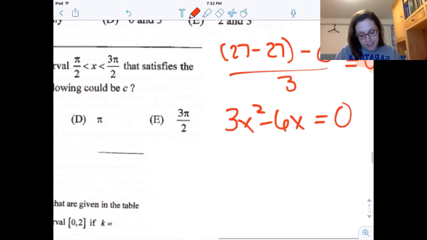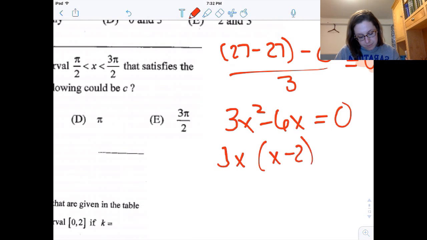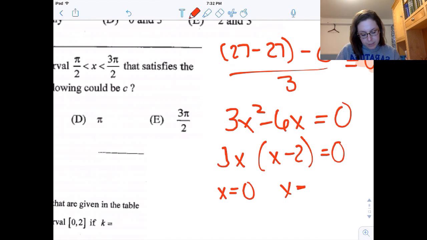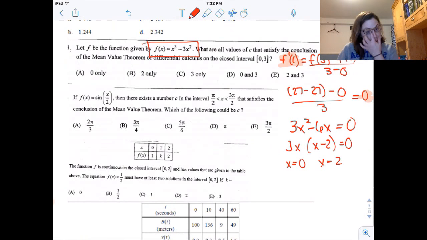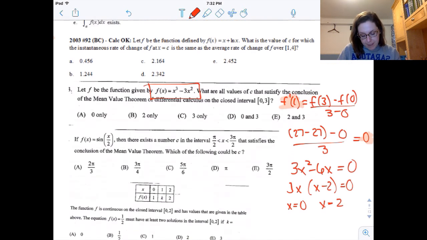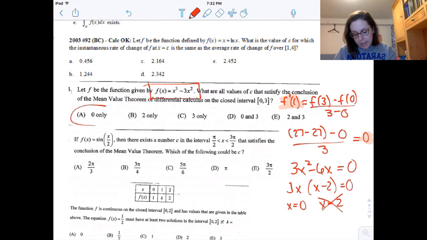That's going to give me my zeros: x equals 0 and x equals 2. So what values should I pick then? Well, an endpoint cannot satisfy mean value theorem. There is no derivative at an endpoint. So it can't be 2, so we're going to reject that. So it is only A, 0.